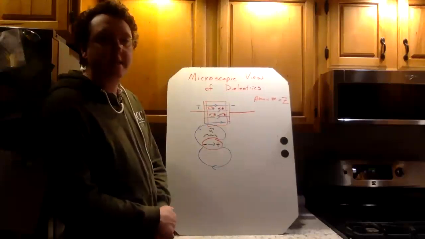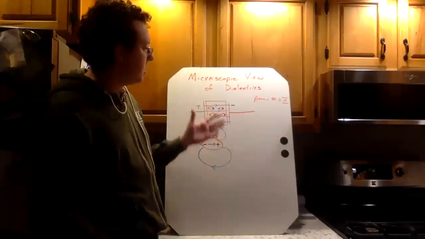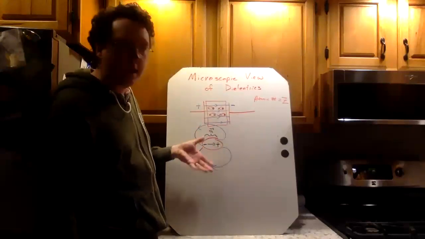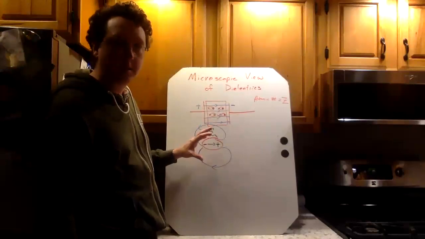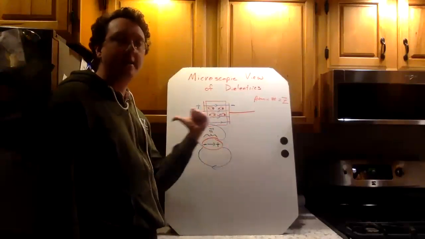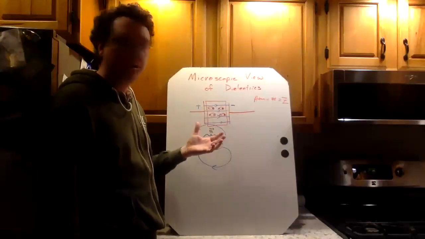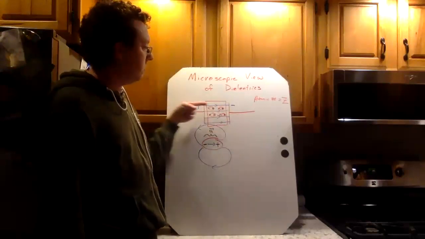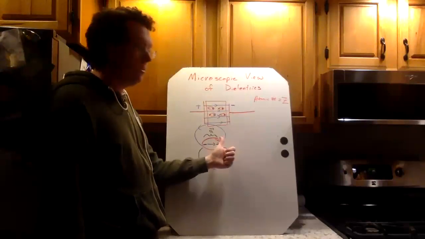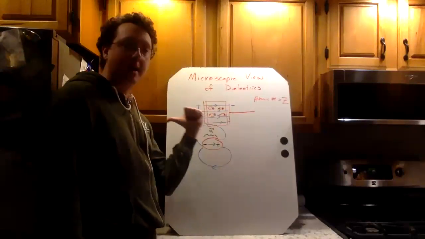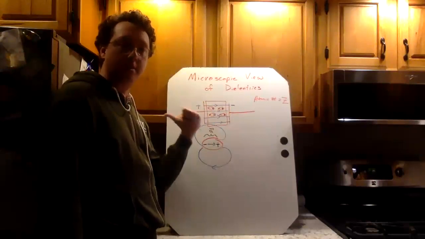The primary electric field goes to the right, but the induced secondary electric field goes back to the left.